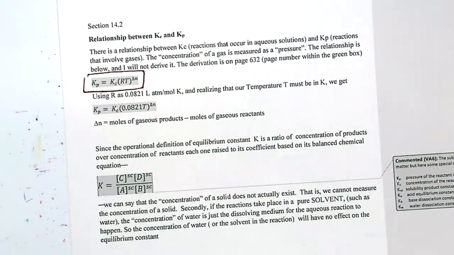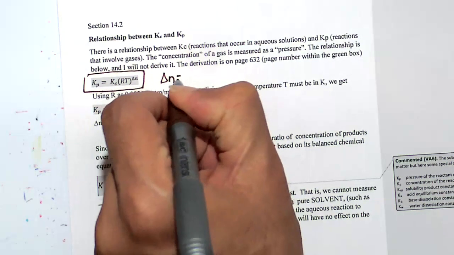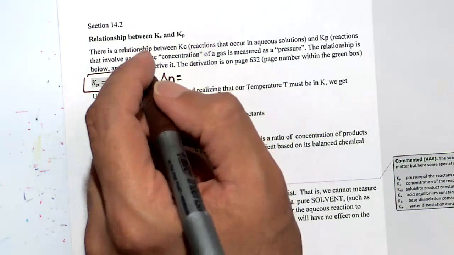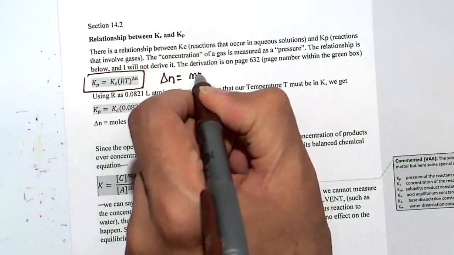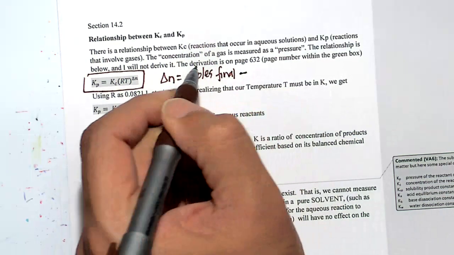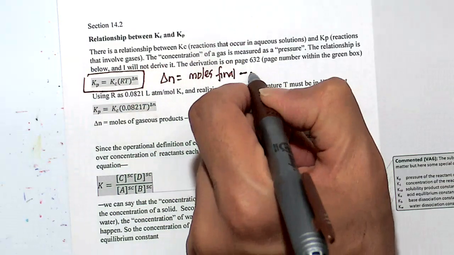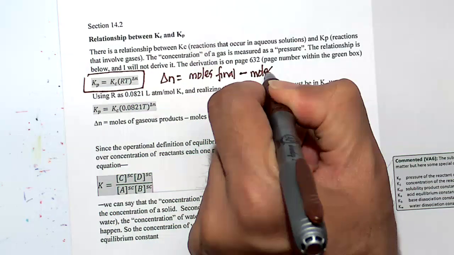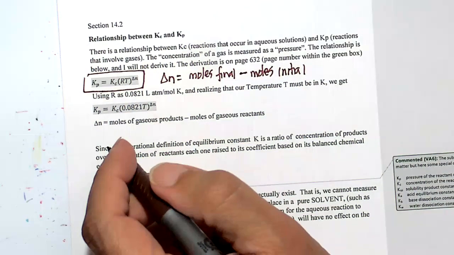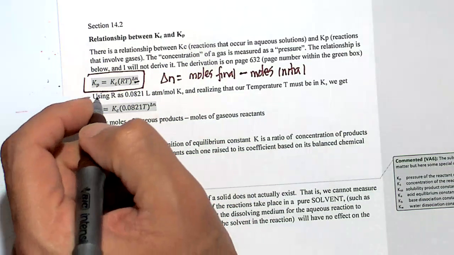Just want to bring your attention to this delta N. Delta N is moles final minus moles initial. That is change in number of moles. Final number of moles minus initial number of moles, and that becomes an exponent.